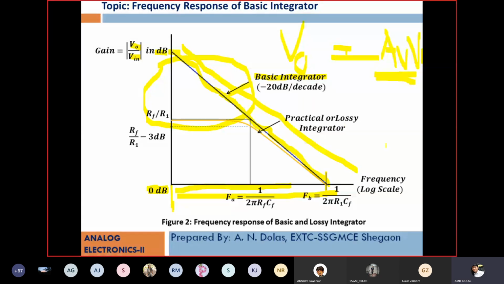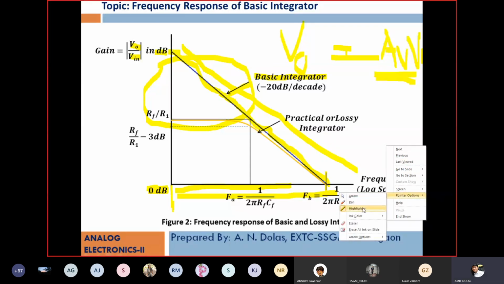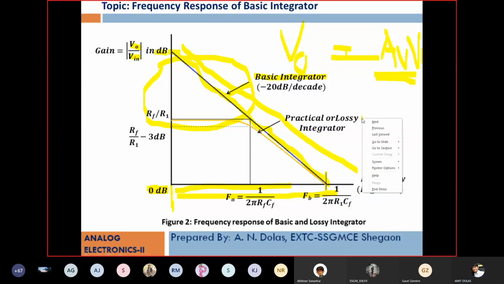For that, the practical integrator is developed.